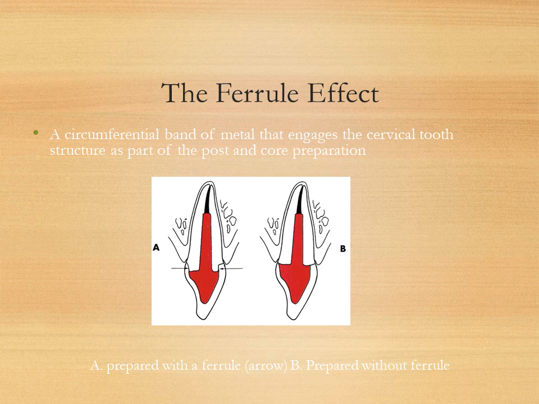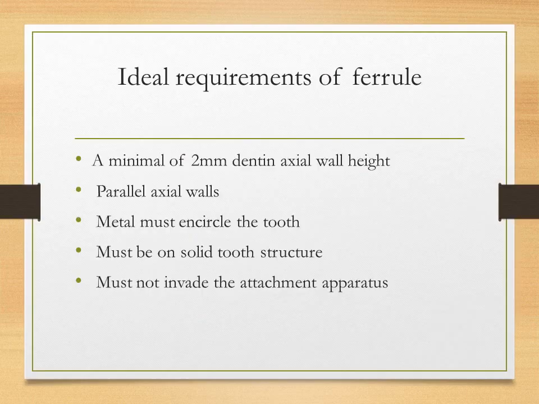So basically if you are able to prepare the tooth in such a way that you get at least 2 mm of height of the dentine to seat your core, and then you prepare the tooth for your crown 2 mm apical to the ferrule, you will see that the retention of your post and core is significantly increased. So it really aids retention of the post and core.